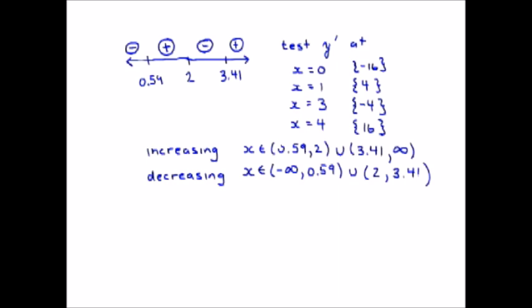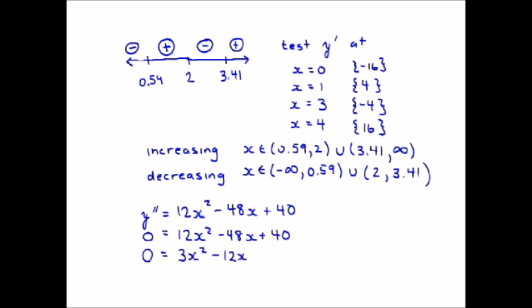So we've taken our second derivative, y double prime, and we have 12x squared minus 48x plus 40. We set it equal to 0, and what we notice is that everything is divisible by 4. So 0 is equal to 3x squared minus 12x plus 10. We solve this quadratic equation using our quadratic formula, and we obtain 1.18 and 2.82.